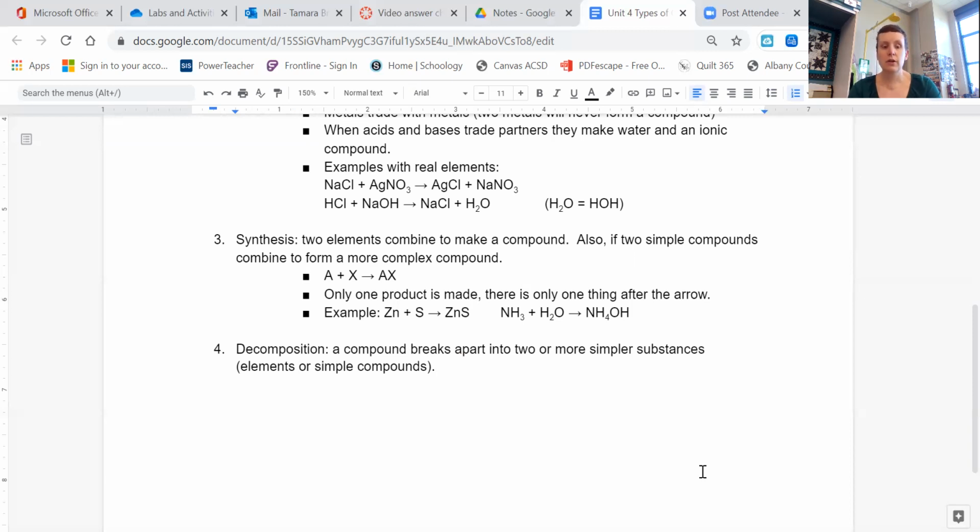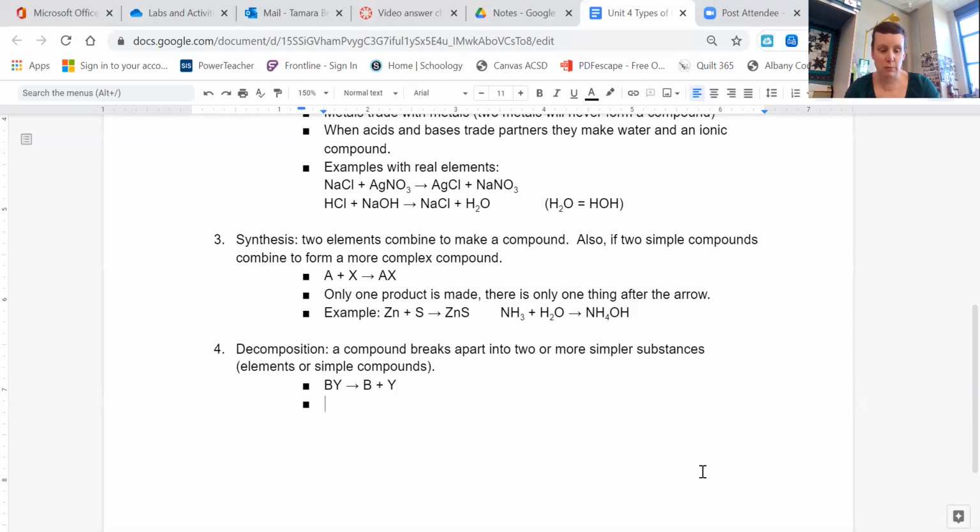Okay, so bullet points for these ones. Our fake example, we would just flip around what we had up for synthesis, or we can use different letters. BY will split apart into B plus Y. Okay, so again, overly simplified there. There actually happened to be 2 elements, B and Y, but I wasn't really going for a real compound.